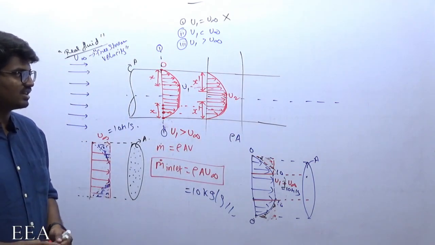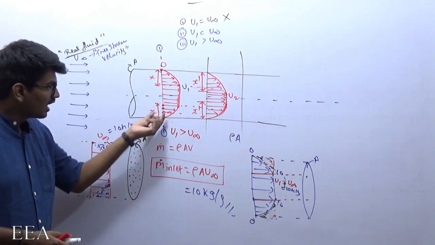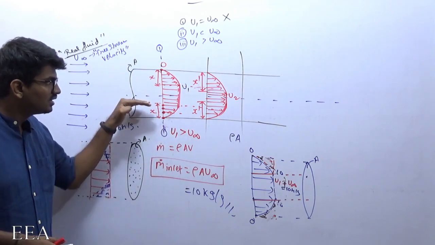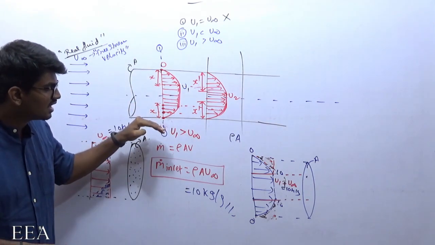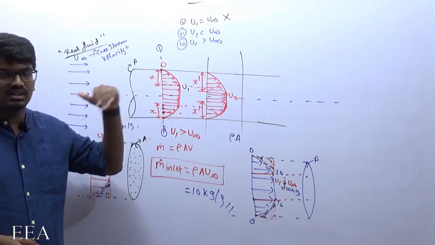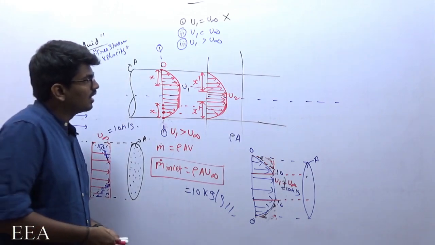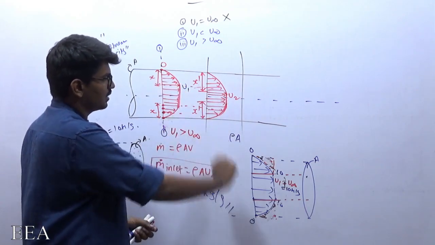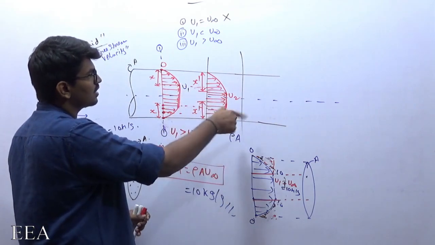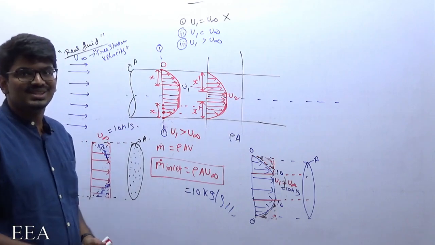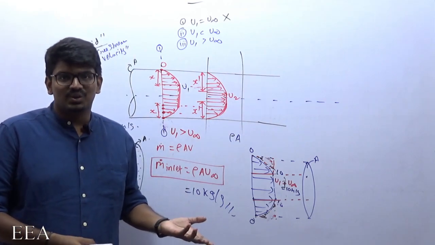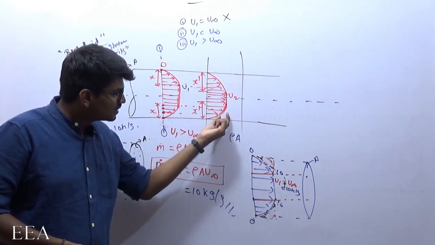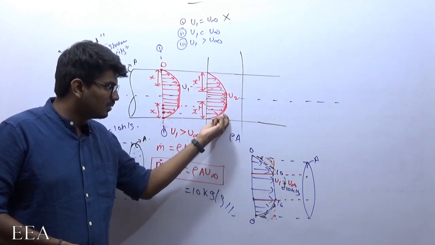Okay, now answer my question. One thing is pretty much clear. As the fluid particle is retarded further, this distance is increasing, that is, the distance taken for reaching a constant velocity is increasing, right? What will happen to this u2? That is my question. Will u2 be greater than u1 or less than u1? See, it's pretty much clear, right? It has to be greater than u1. Why? Because we are losing a further amount of mass here.